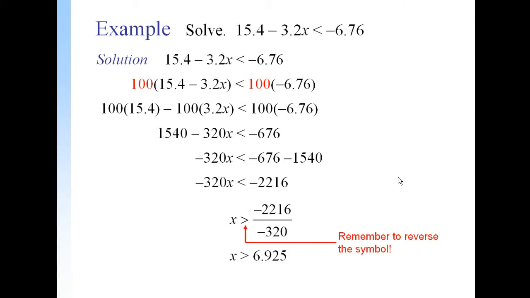And there's your answer. Comes out the same. Now, by the way, a useful thing is to get rid of decimals just for easier computation. But you see here, the answers come out the same.